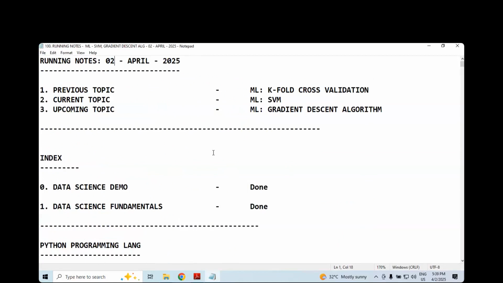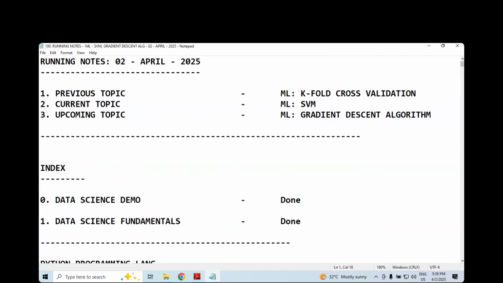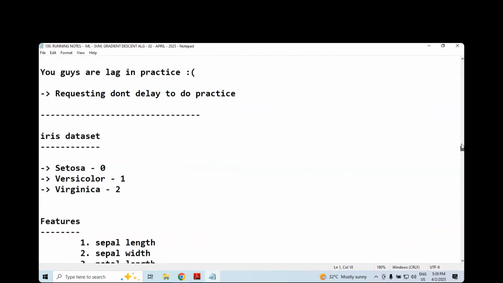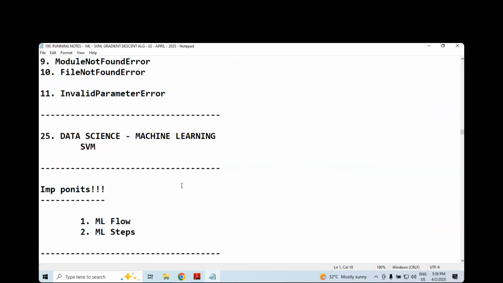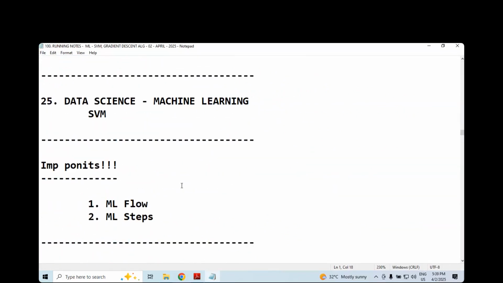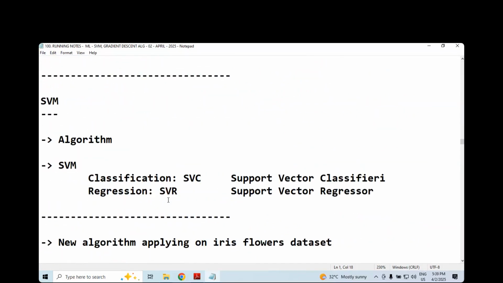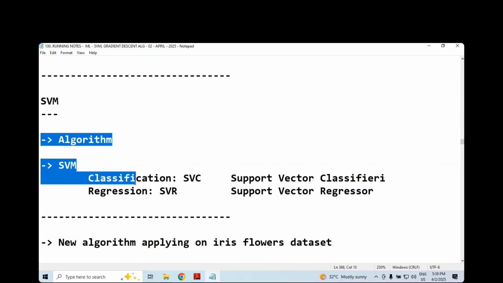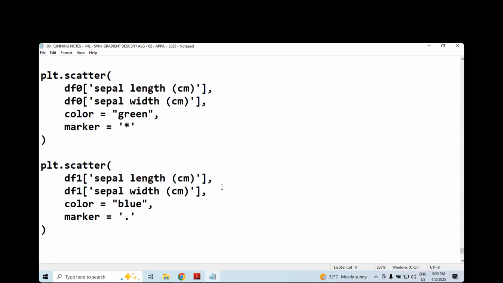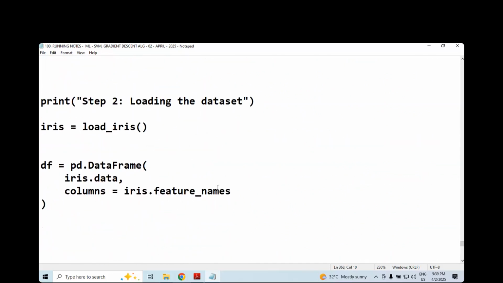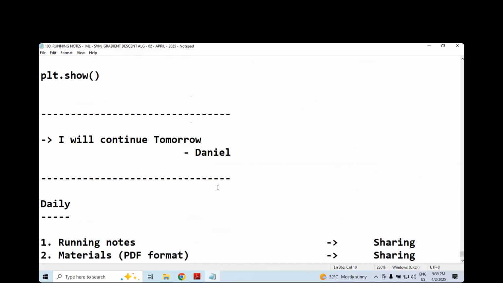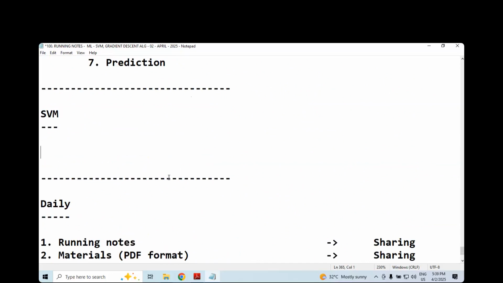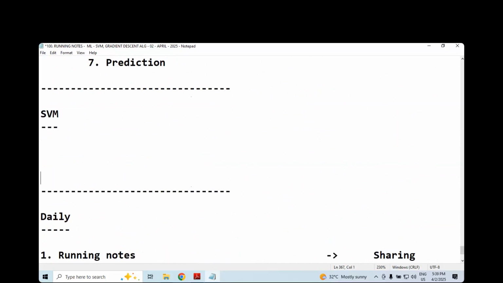Running notes number 2. These are all things we did yesterday. I can delete them. I will execute from scratch. We'll get an idea.